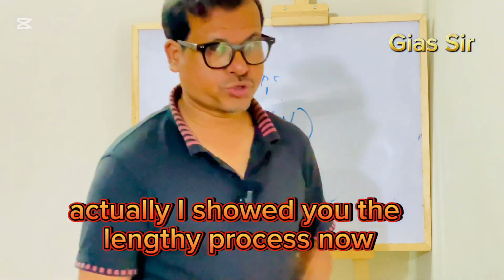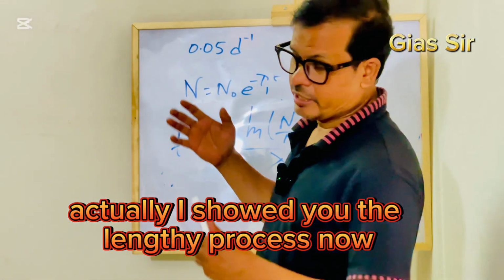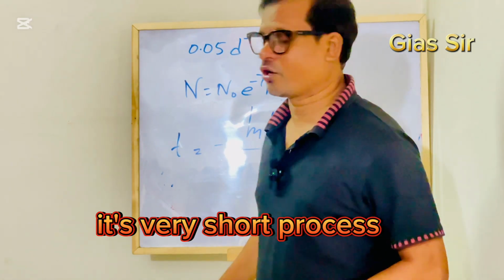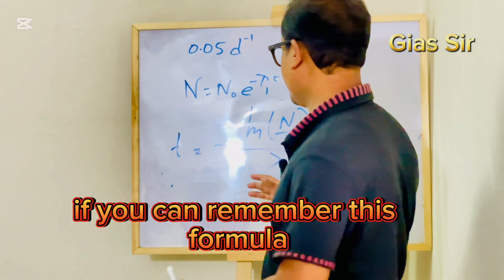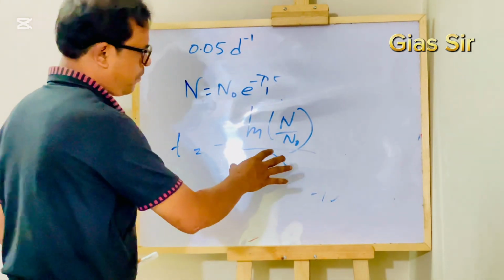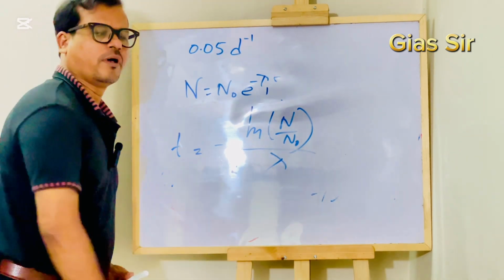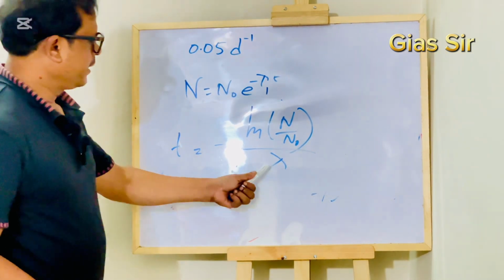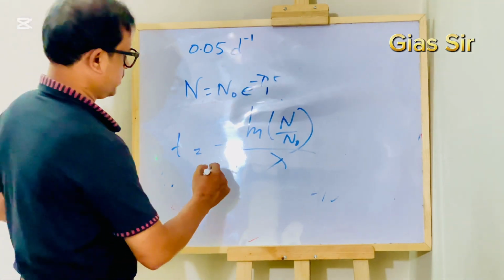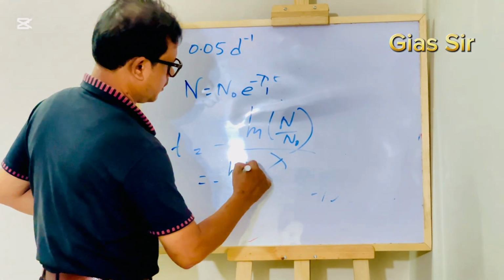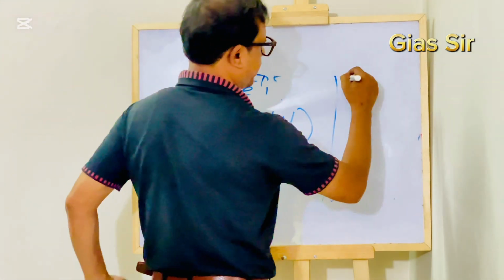Actually, I showed you the lengthy process; now it's a very short process. t equals minus ln of N upon N naught, upon lambda.